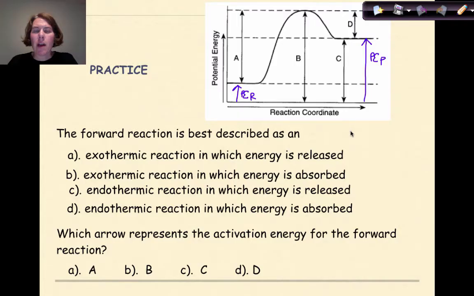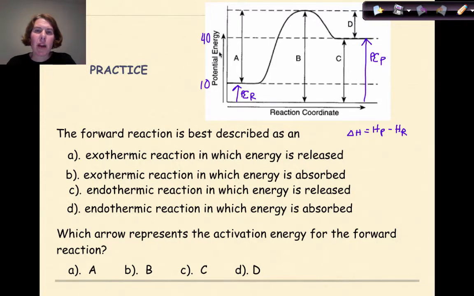And I know that my delta H, which is going to tell me whether something is endothermic or exothermic, is the heat of the products minus the heat of the reactants. What you could do here, just as an arbitrary thing, is assign numbers. So let's say this is 40, and let's say this is 10. It doesn't have to be exact numbers, one has to be larger than the other.